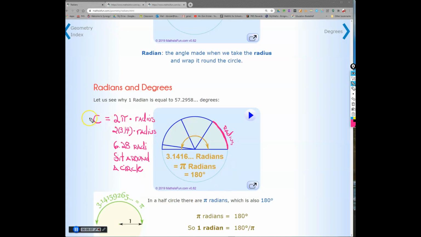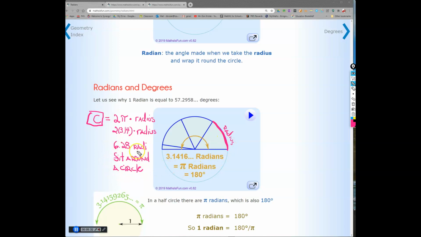Okay, so what this is telling us, to go all the way around a circle, we're going to need 2 times pi of these little pieces. Well, pi is about 3.14, multiply that by 2, and that's 6.28. So it would take 6 and a little bit more of these arcs to go all the way around a circle.